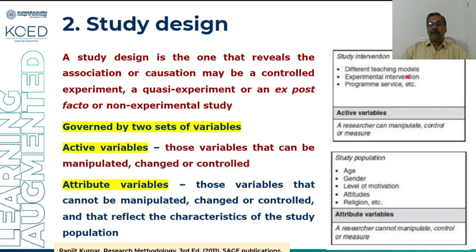See, a classical example for active variables: different teaching models. Here you can divide into many lots, right? Say usage of PowerPoint, usage of overhead projector, usage of slide projector, usage of flipped class, usage of a focal group. So you can put so many different teaching models. It is under your control, right?